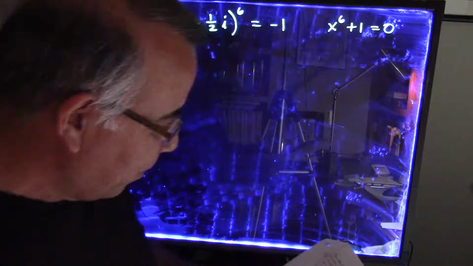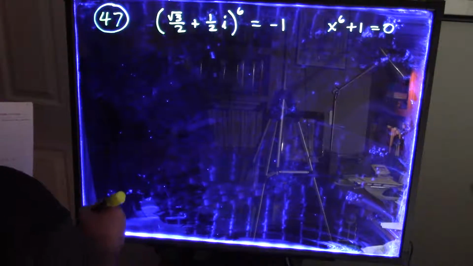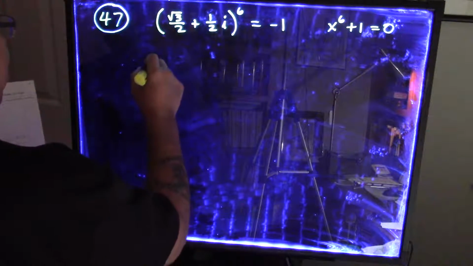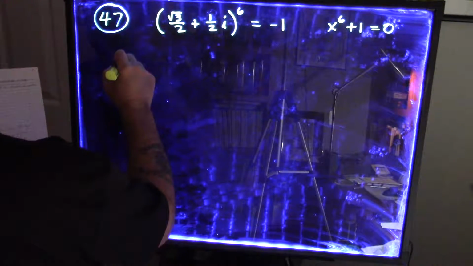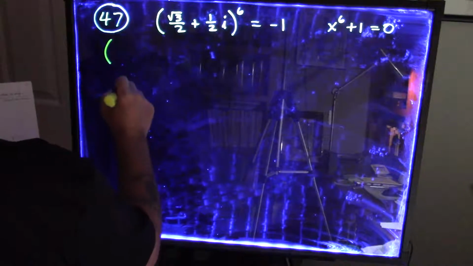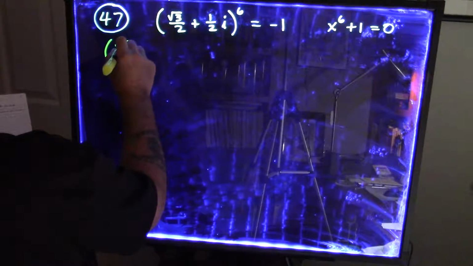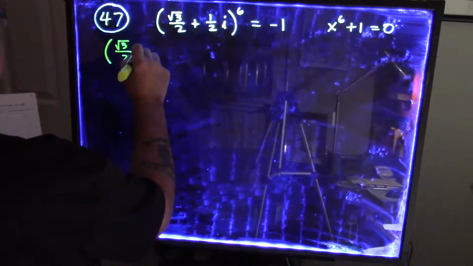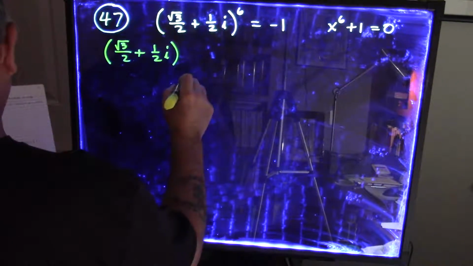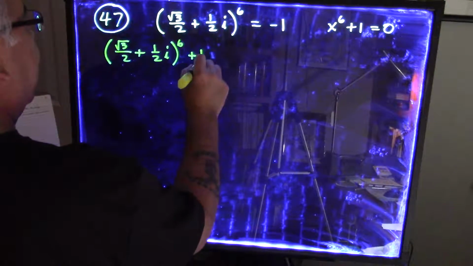This is going to take a little time, and I imagine I'm going to have to erase and give myself more space as I go. So bear with me, buckle up. See if you can follow along. Do it yourself if you can. So we've got square root of 3 over 2 plus 1/2 i. I want to raise that to the 6th power and then add 1 and see what that equals.